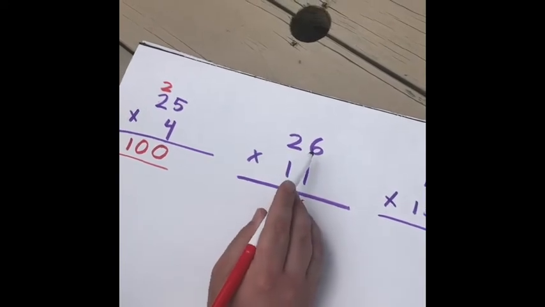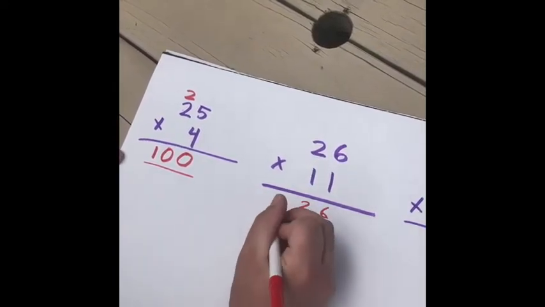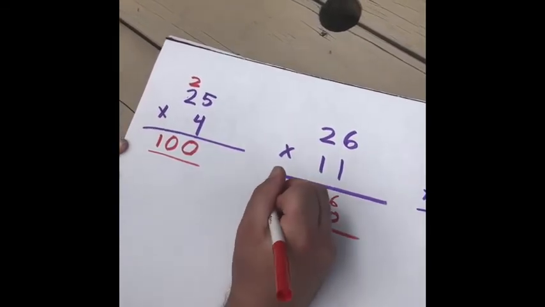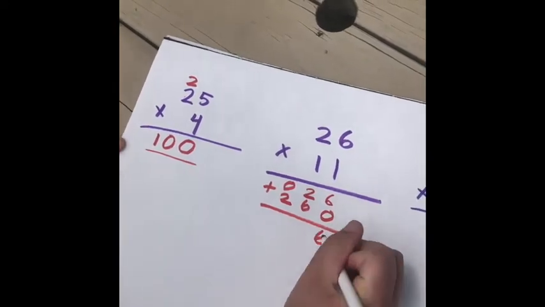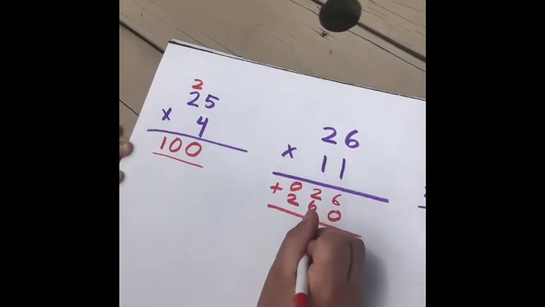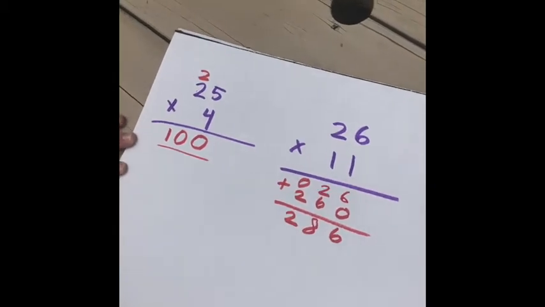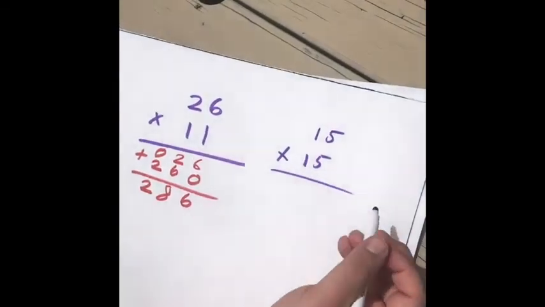So you do 1 times 6, which again is 6, and 1 times 2, which again is 2. You can also think there's an invisible 0 here. Now we have to add. 6 plus 0 is 6, 2 plus 6 is 8, and 2 plus 0 is 2. The answer is 286.